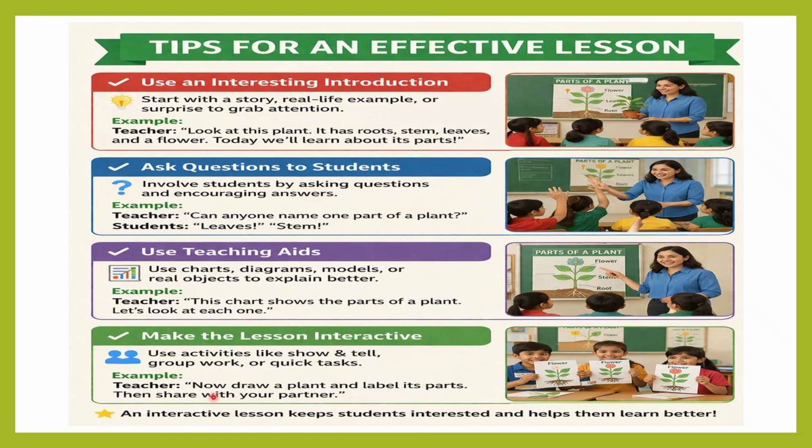So teacher is asking the students to draw a plant and label its parts, then share with your partners. So when they do this, they'll be very happy and very excited to share with their friends. So an interactive lesson keeps students interested and helps them to learn better.